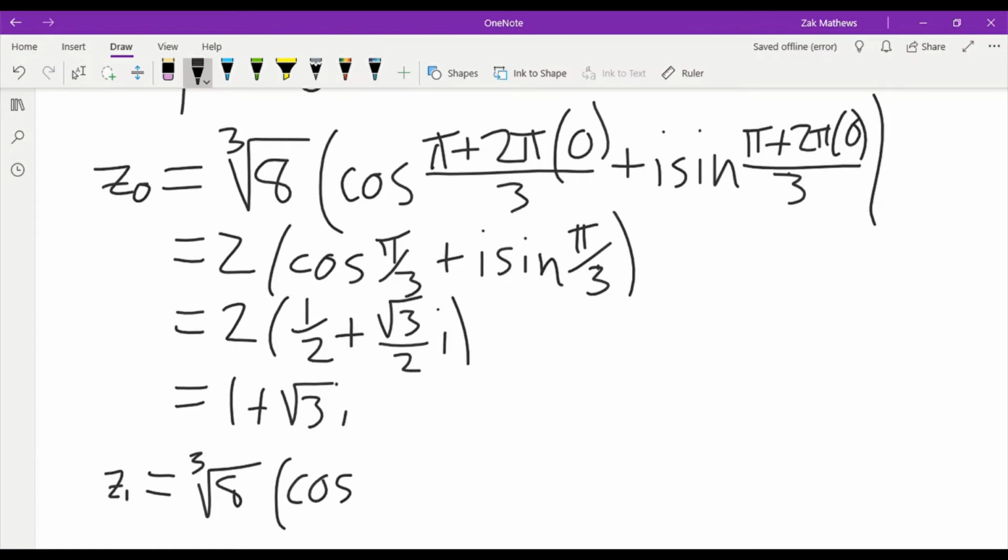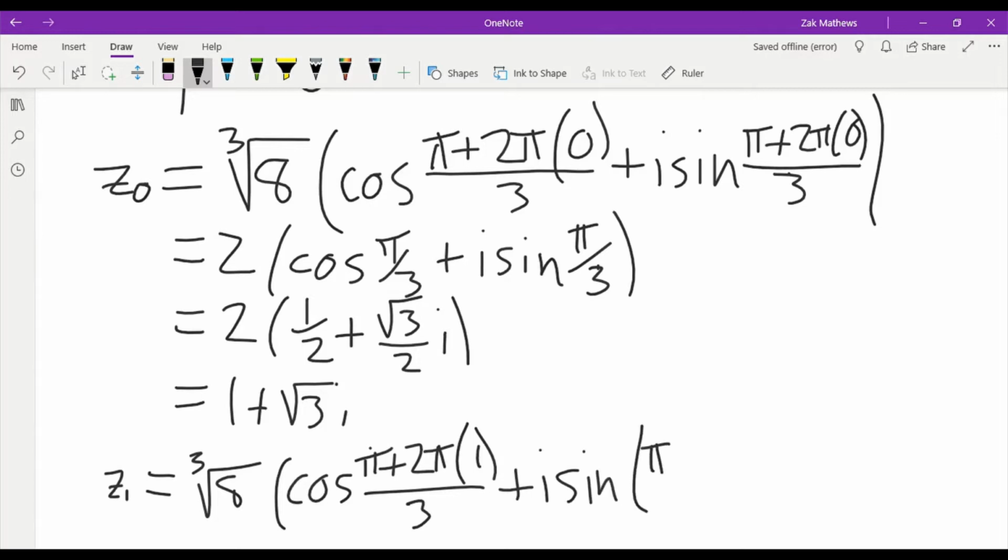We'll have pi plus 2 pi. This time the 0 switches to a 1 over 3. Sine has to look exactly the same. So I'll have pi plus 2 pi times 1 over the 3.